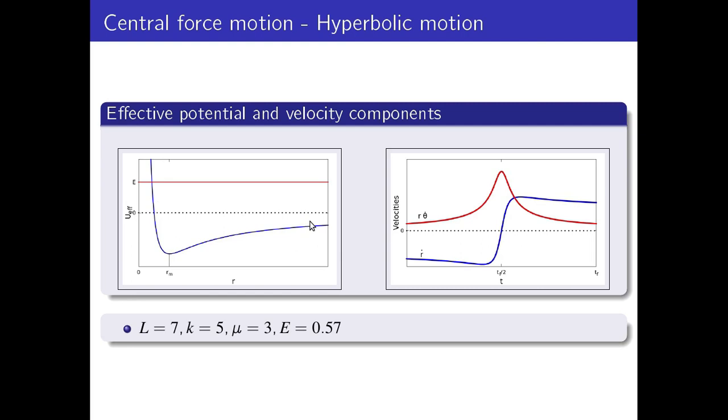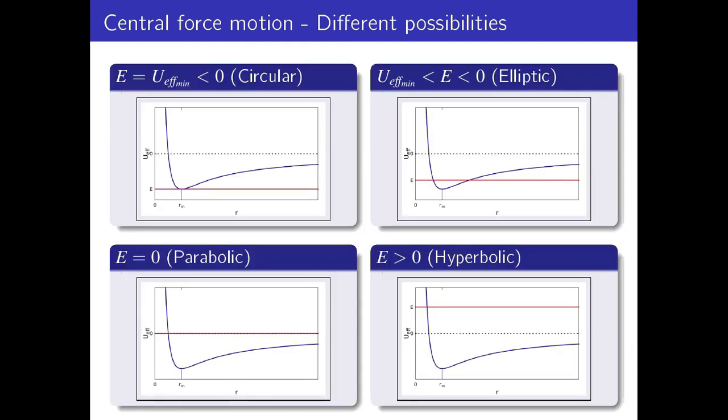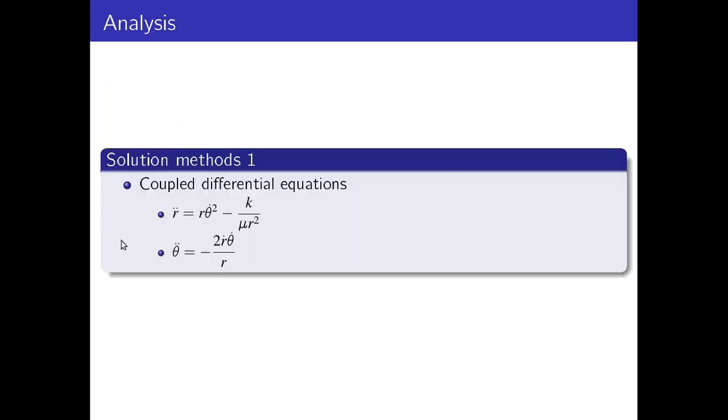We have studied four conic sections which can be seen in central force motion when the potential energy is equal to minus k over r. At the beginning, we explained that there are different solution methods, and one of them is finding a numerical solution from these coupled differential equations, which we have already used in all cases.